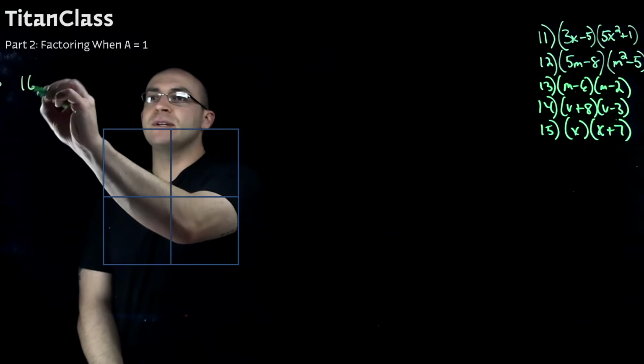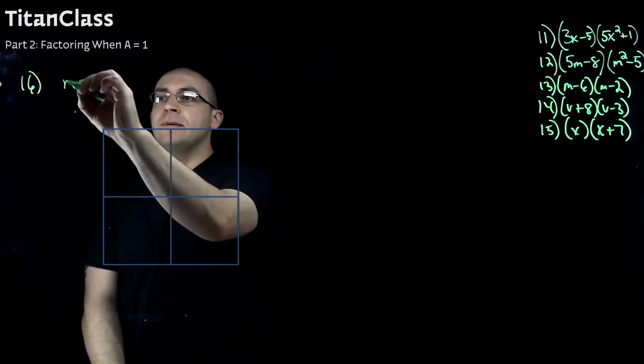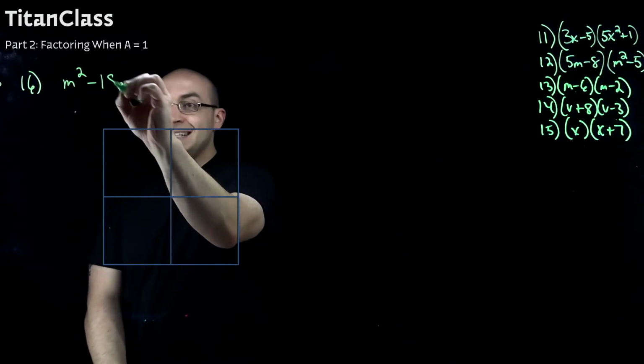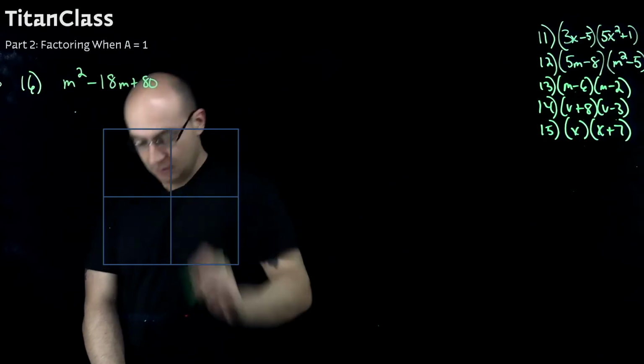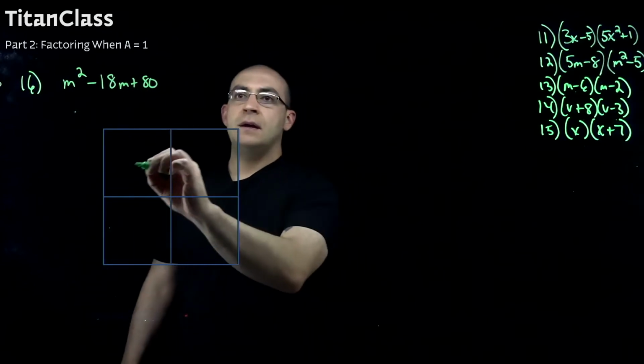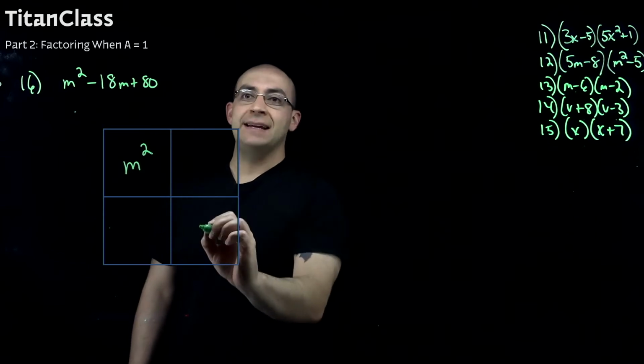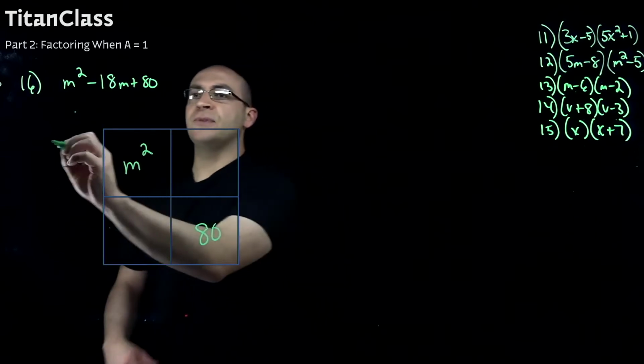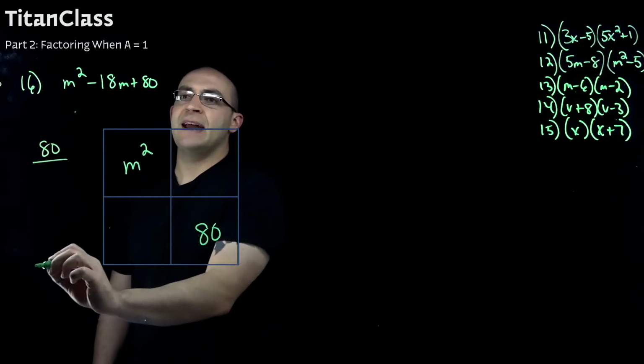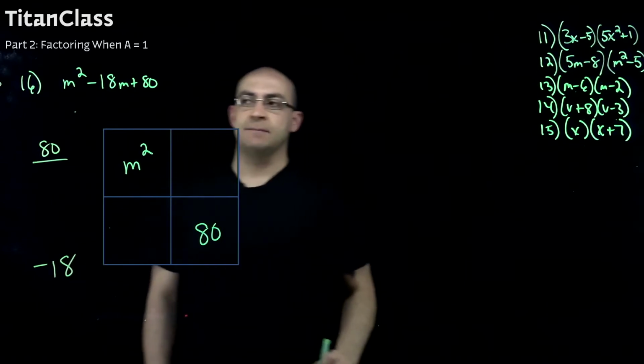Back to some normalcy. M squared minus 18m plus 80. Okay. M squared, 80. I'm looking for numbers that I can multiply to get to 80 that I could use to add or subtract to negative 18.